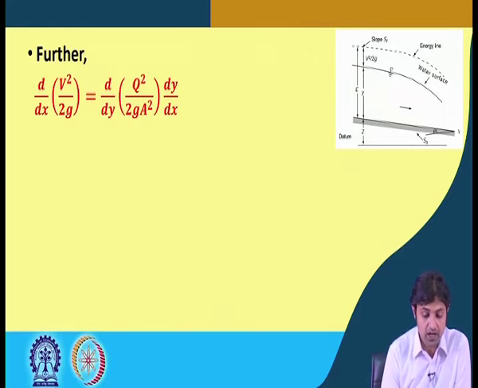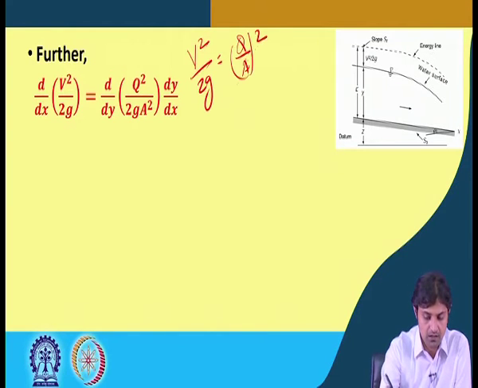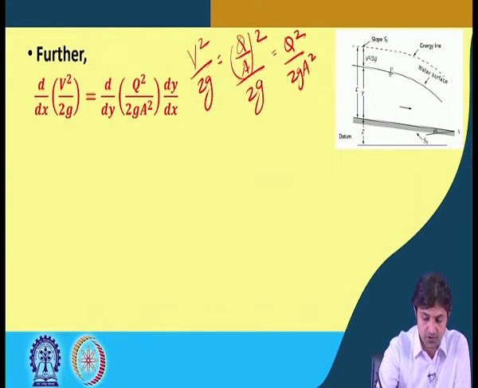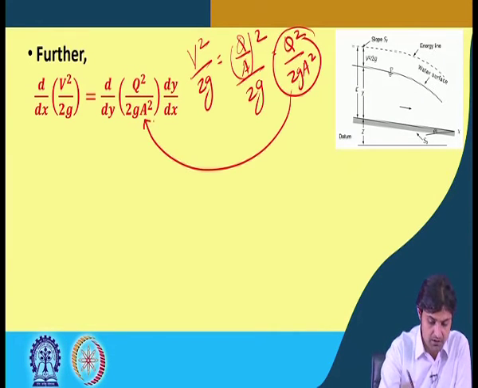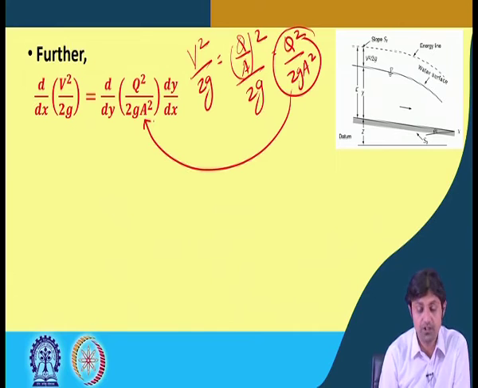So, v square by 2g can also be written as, v is Q by A, so it becomes Q square by 2g A square, and this is what has been put here. This you should be clear.